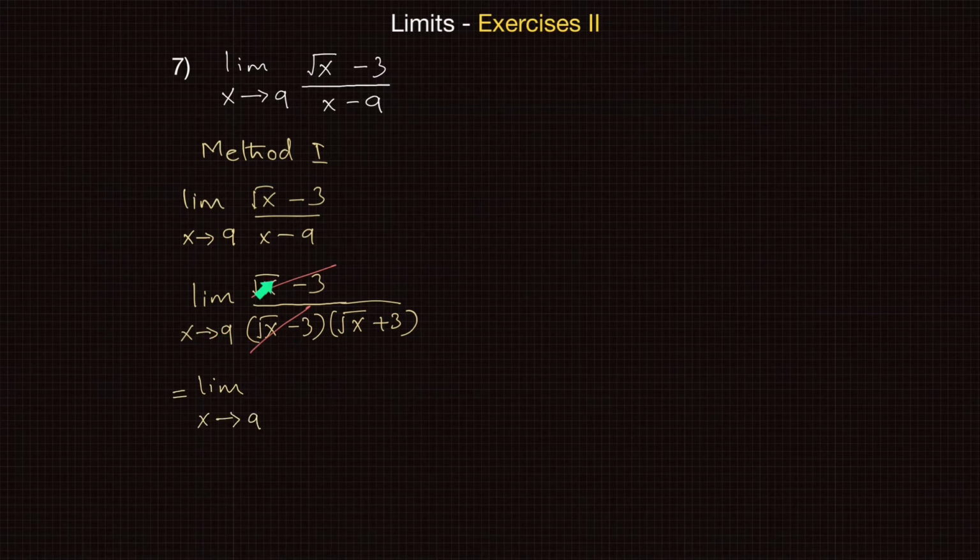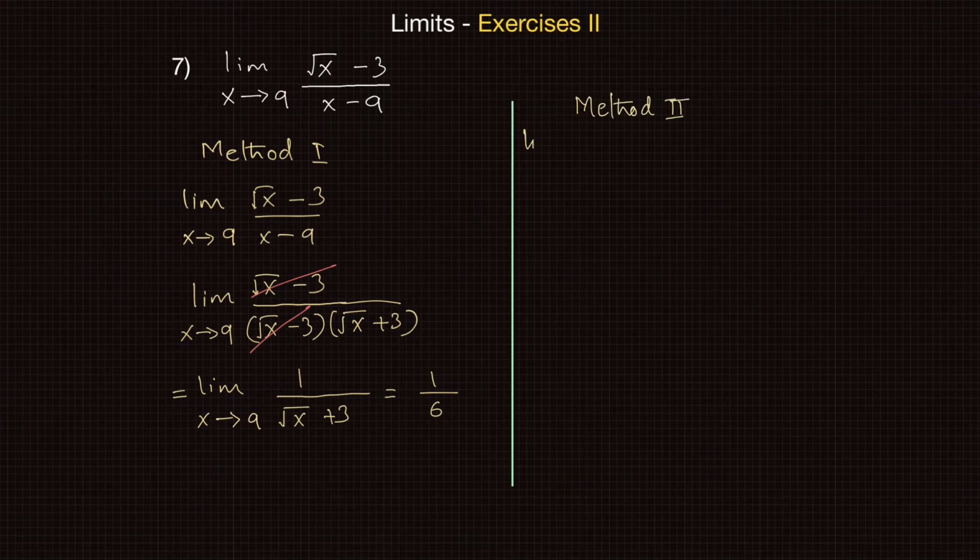Cancelling out the common factor root x minus 3, we have the limit of the function 1 over root x plus 3 as x approaches 9, which equals 1/6.